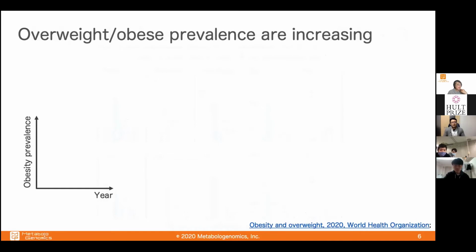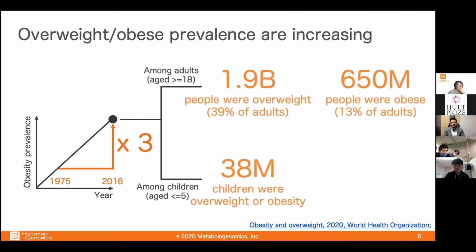So obesity has a huge impact worldwide, but the problem is that even though people understand the impact of obesity, the prevalence of obesity is still rising, even in the developed economies. Obesity prevalence has tripled since 1975, and almost 40% of adults are now overweight.